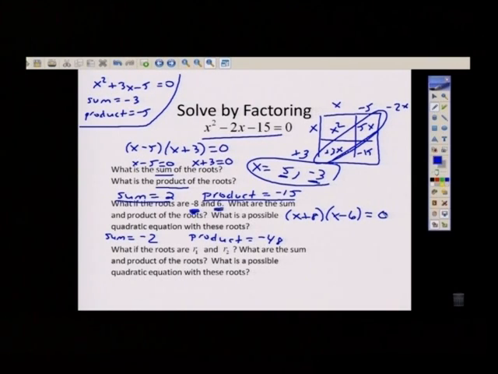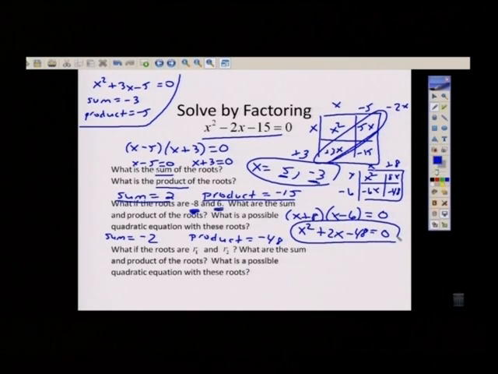And if I multiply it out, I'm going to get x squared, 8x, negative 6x, and a negative 48, which gives me x squared plus 2x minus 48 is equal to 0.